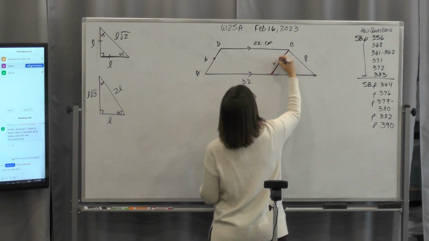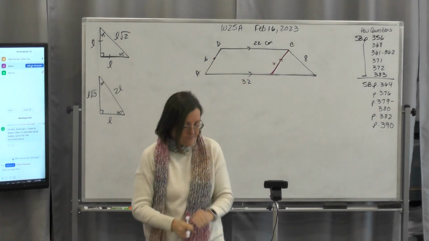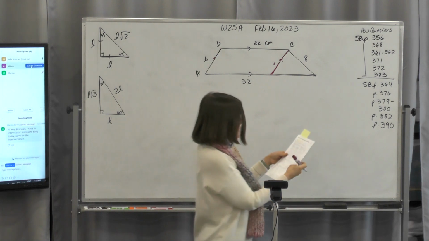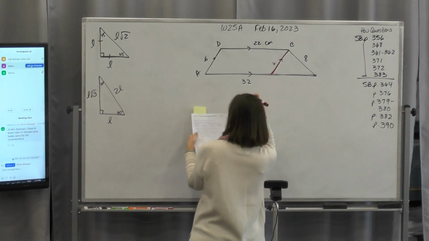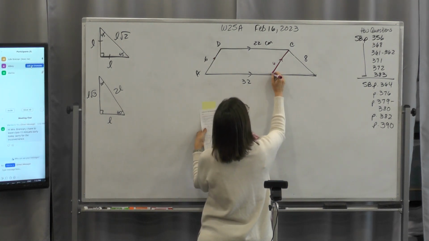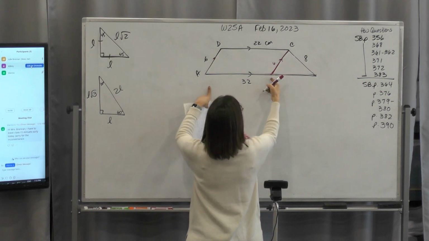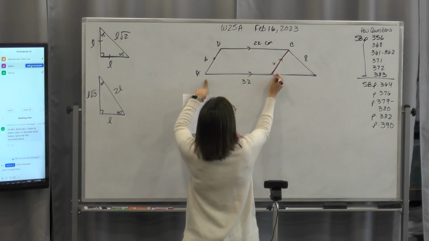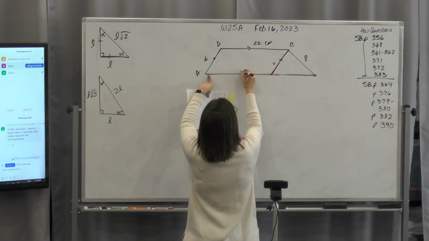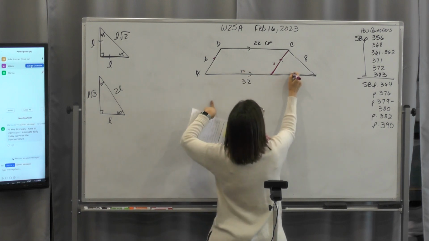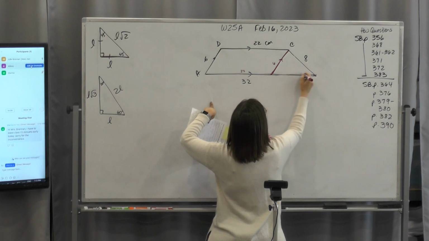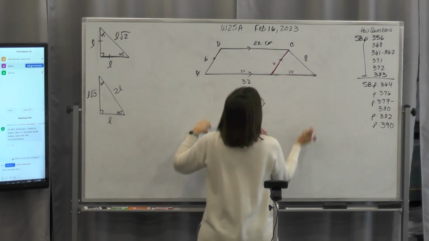And we know that that's a 6, right? And I know that if that's 6, then if I make this parallel, this has to be 22, which means this has to be 10, right? This base has to be 10.